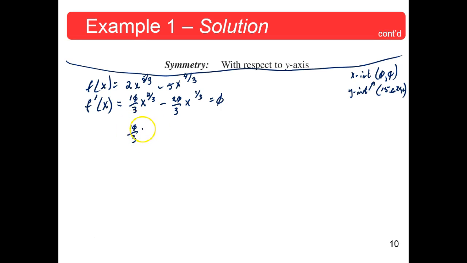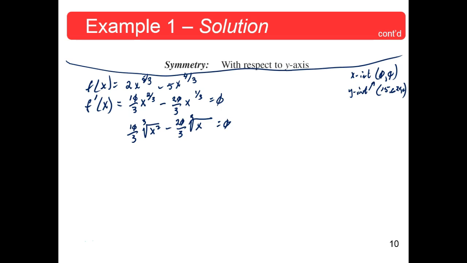10/3, and I'll rewrite this as the cube root of x squared minus 20/3 times the cube root of x, right? Equals 0. Now, what would you suggest we do next? Say again?